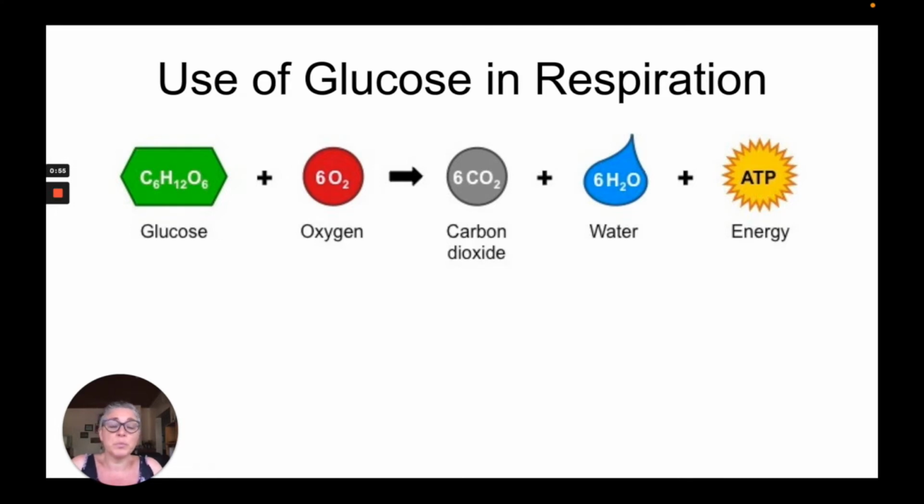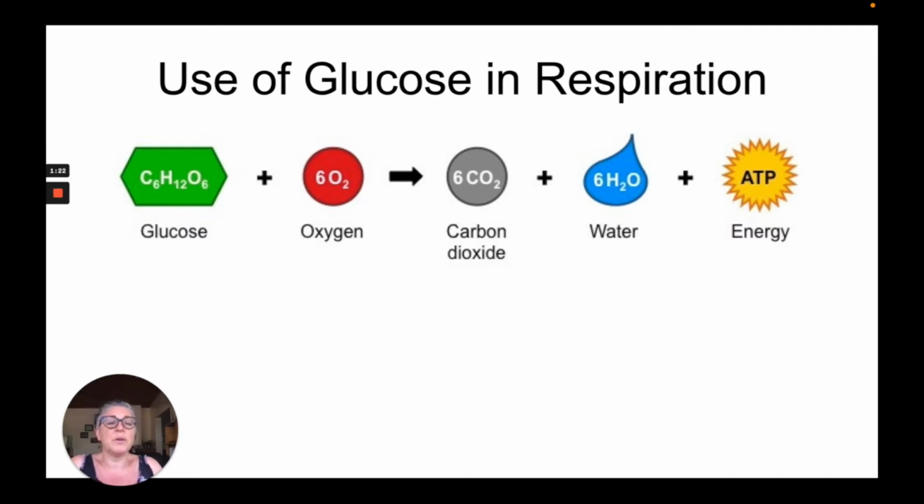And they're going to produce or yield 6 carbon dioxide molecules, which is a waste gas that's going to be released to the atmosphere, and 6 water molecules, which can be used by the organism or released as waste, just depending on the hydration levels of that organism.